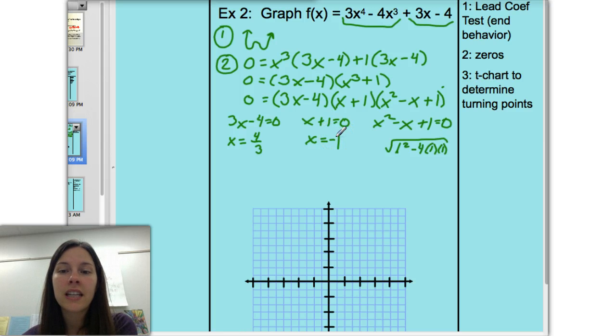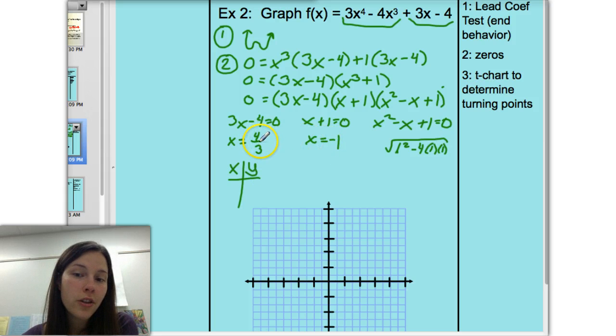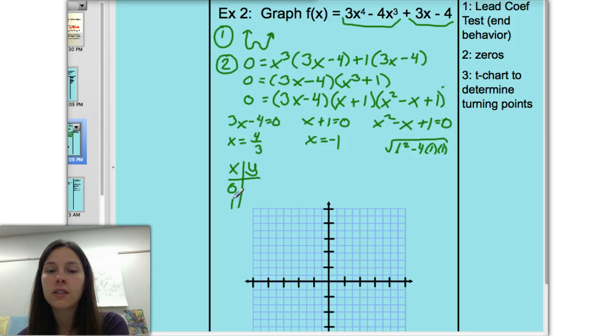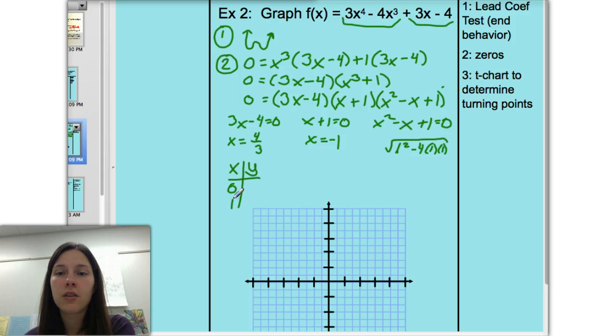And now I need to find any additional turning points in between them. So I'm going to set up my t-chart. And we've got between -1 and 1 1/3. So I really only have to check 0 and 1. Those are the only integers between my zeros. When you substitute 0 back in for f of x, you get -4 for y.